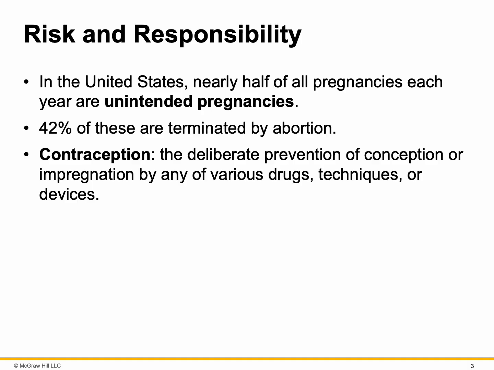So, birth control refers to the regulation of the number of children born through the deliberate control or prevention of conception. In contrast, contraception is the deliberate prevention of conception or impregnation by any of various drugs, techniques, or devices. So this chapter primarily focuses on contraception.